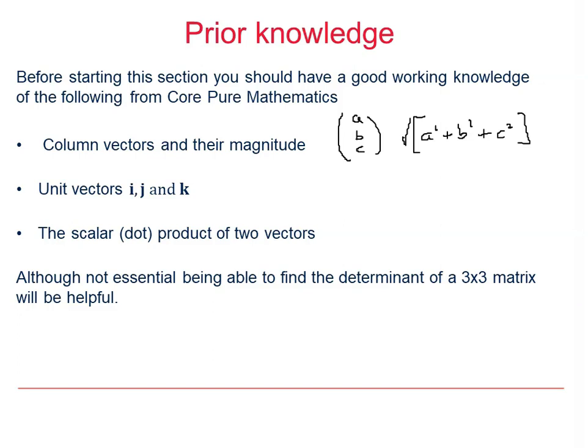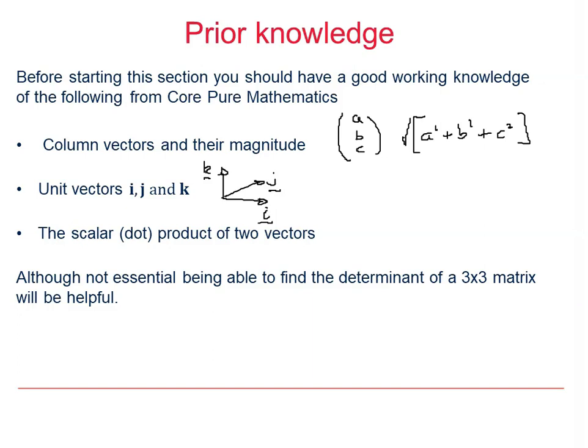The idea of unit vectors i, j and k: in 3 dimensions we have vectors of length 1 along the x-axis i, along the y-axis j, and the z-axis k. These are all vectors of one unit.